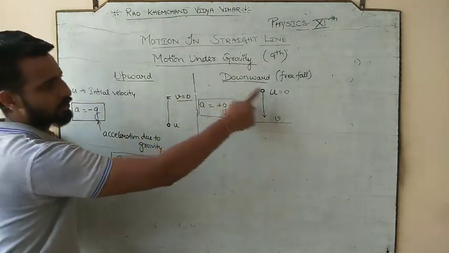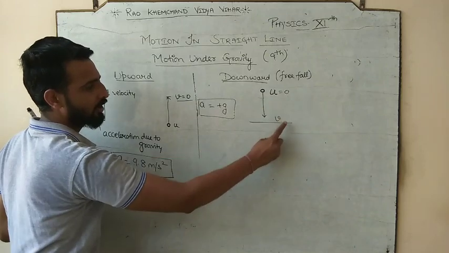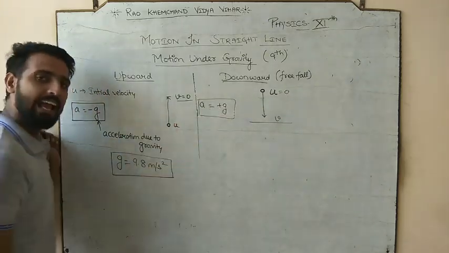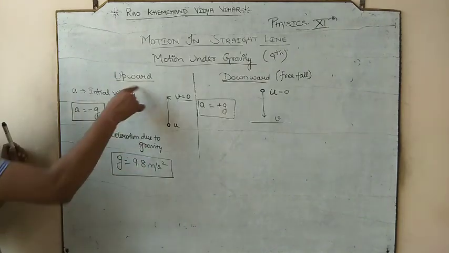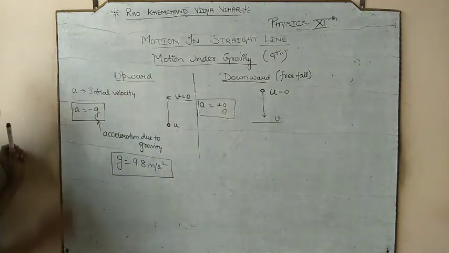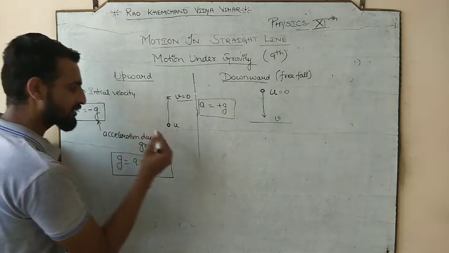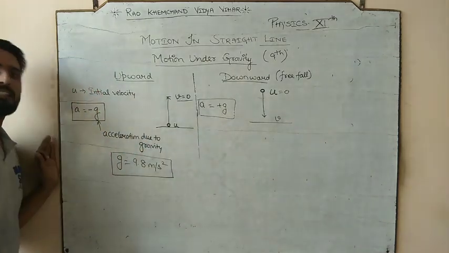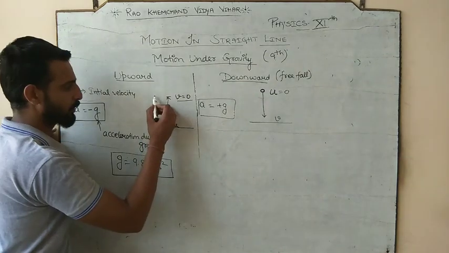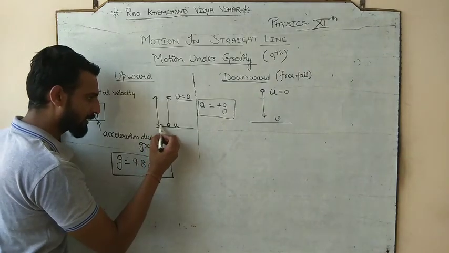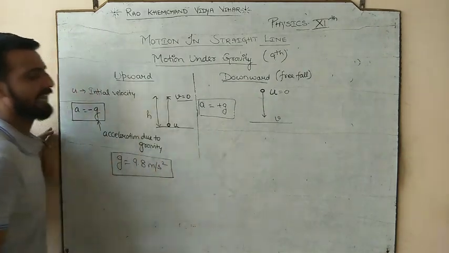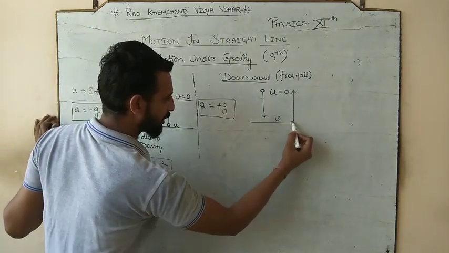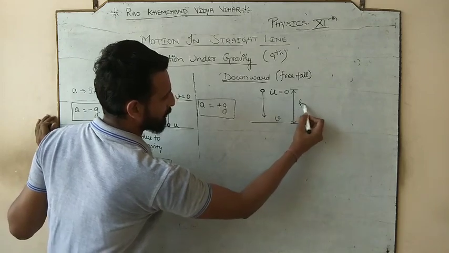So in downward motion initial velocity is 0, we would have some final velocity, and acceleration taken as plus g. In upward motion we have acceleration negative g, we have some initial velocity, but our final velocity would be 0. Let's suppose in this upward motion you cover h height, okay? In this downward motion we also cover the h amount of height.